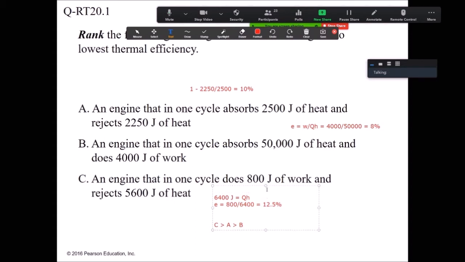The hot reservoir energy, which I'll call QH, is always going to be split up into some amount of work and some discarded energy. So the fact that we knew the work and we knew the rejected energy, which is QC, allowed me to calculate QH. That makes sense?